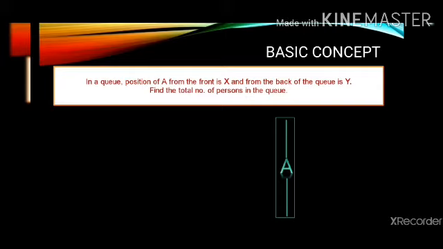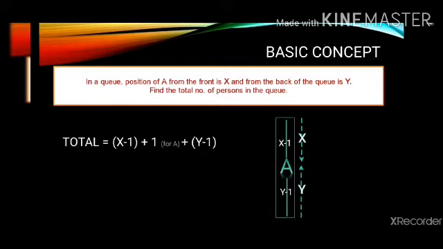Now again we'll understand the same concept. Here we are given in a queue, the position of A from the front is X and from the back of the queue is Y. Just like we did in the previous question, the number of people in front of A is X minus 1 and the number of people behind A in the queue is Y minus 1. When we are counting the total number of people in the queue, we will do the same thing: X minus 1 and Y minus 1 for the people in front of A and behind A respectively.